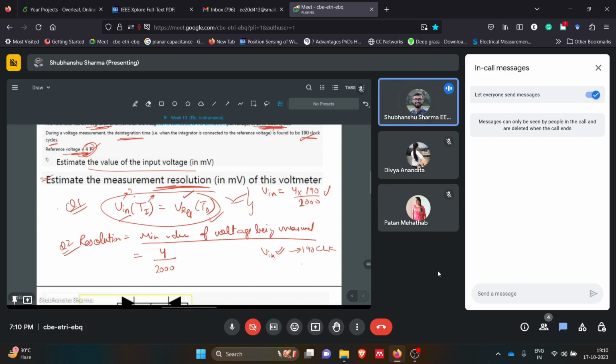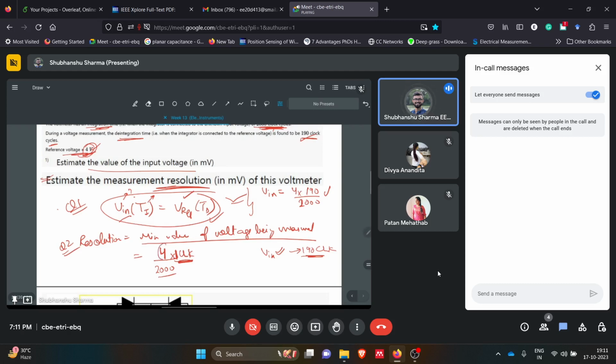But resolution is what is being measured in only one clock cycle. So instead of 190, we have reference 4 divided by the integration time into one clock cycle. This is for understanding: 190 clock cycles were taken to measure that V in. But how much voltage will be measured in one clock cycle?